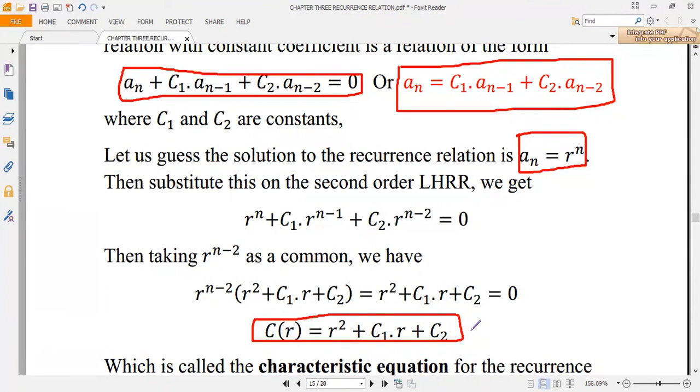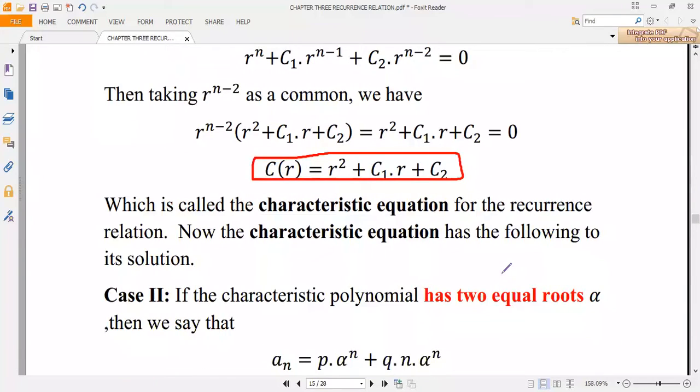Clearly you can see that it is a quadratic function, and its two roots may be identical, or distinct, or complex conjugates. In this section, we will see the second case of the roots of the characteristic equation, when there are two equal roots.